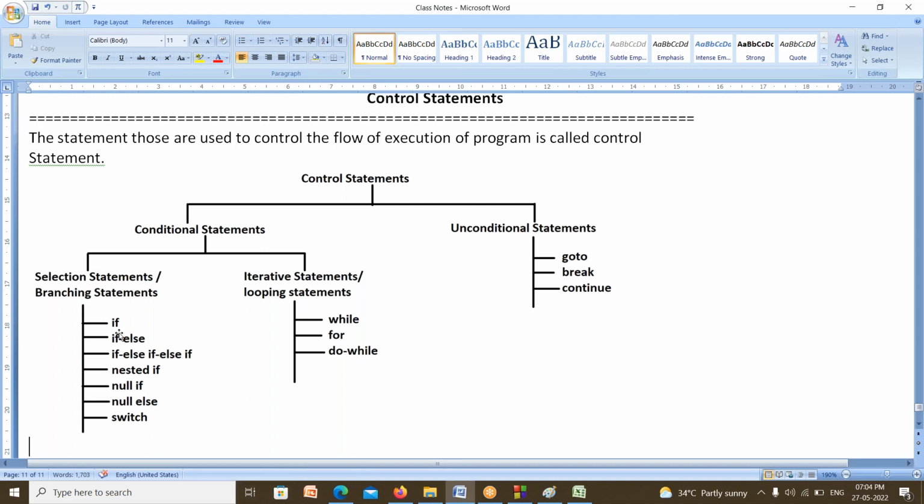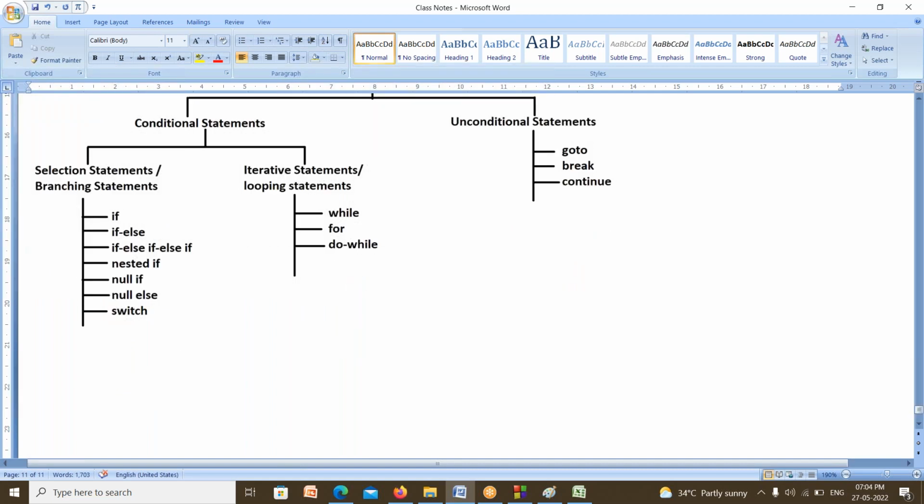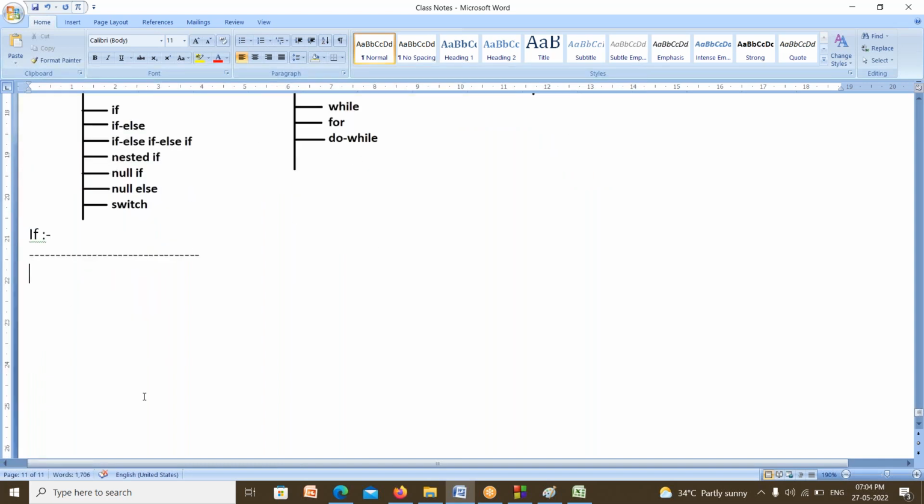Right. Now, what is the first selective statement? It is if. So I am going to explain what is if. Suppose you want to have a drink, then you should have thirst. Then only you will have a drink.